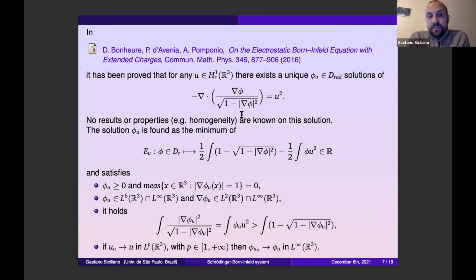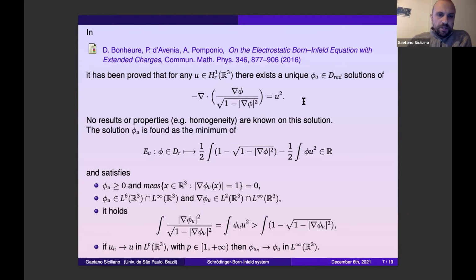And in general, it is not clear that the minimum is a solution of that equation. This happens, for example, if we are in the radial case. So in our setting, this is good, because the minimum of this functional is characterized as a solution of that equation. Of course, this solution has some good properties.